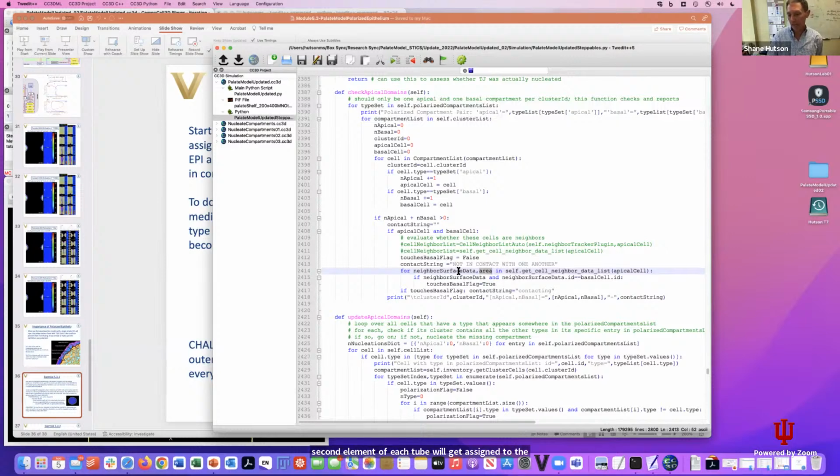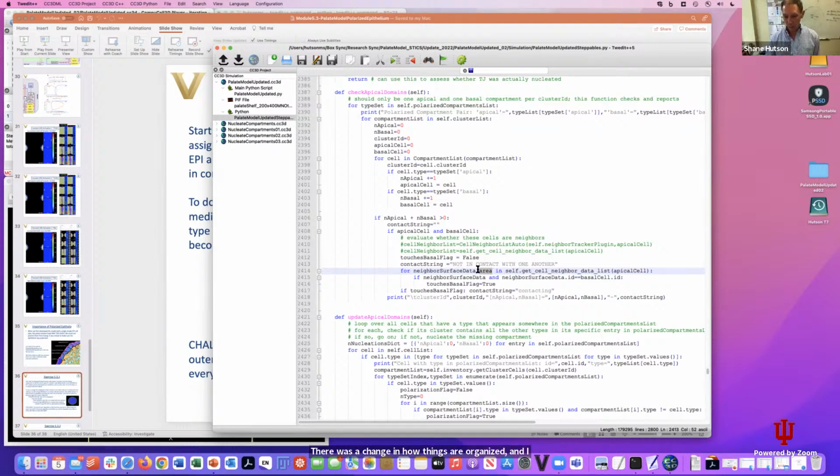So neighbor surface data, although it's poorly named, really is a cell. That is a neighboring cell there. It would be the cell ID in this case, right? No, I think it's the cell itself. The cell itself. Okay. Yep. The objective cell. Okay. Yep. Yeah, and again, my apologies for the naming. There was a change in how things are organized, and I didn't have time to change the naming.